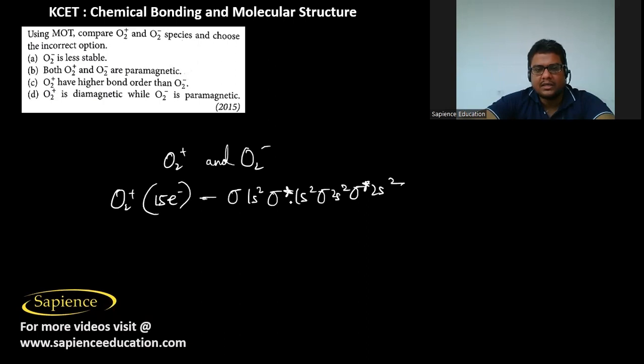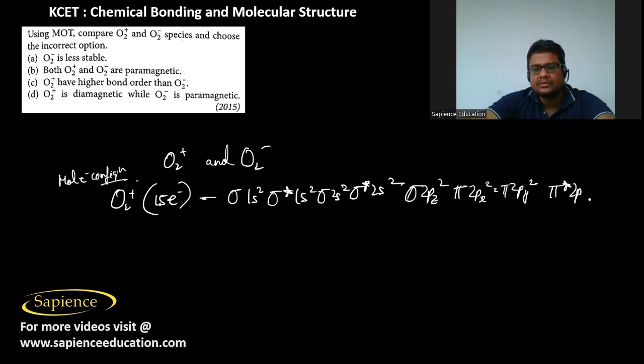So we are writing the molecular electronic configuration for O2 plus and for O2 minus species. For O2 plus: sigma 1s2, sigma star 1s2, sigma 2s2, sigma star 2s2, then sigma 2pz2, then pi 2px2 equals to pi 2py2, and then pi star 2px1 equals to pi star 2py0. So we don't have to write this. Okay.